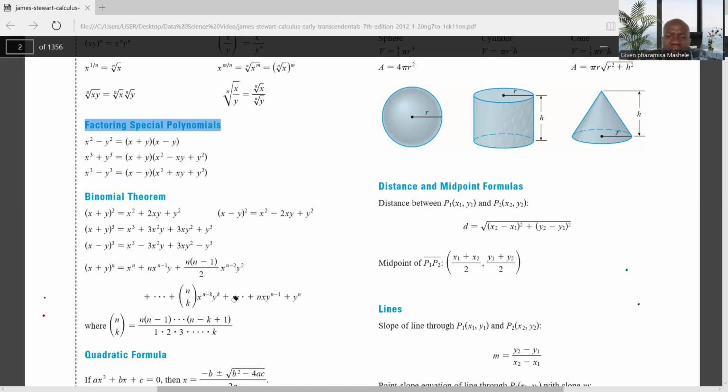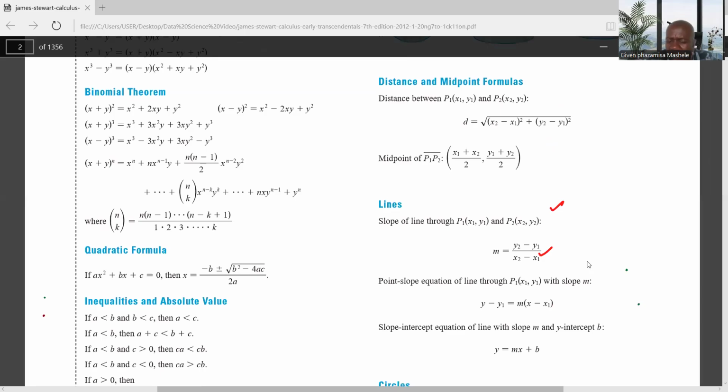So, another thing, guys, is what we have already learned in grade 12, particularly under analytical geometry: the distance and the midpoint formula, and the formulas about lines, knowing the issue of gradients, the slope (y2 minus y1) over (x2 minus x1), which we know is an average gradient.